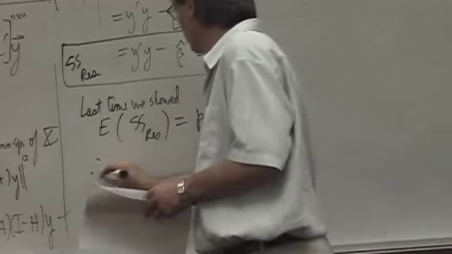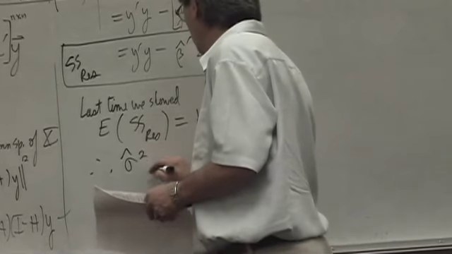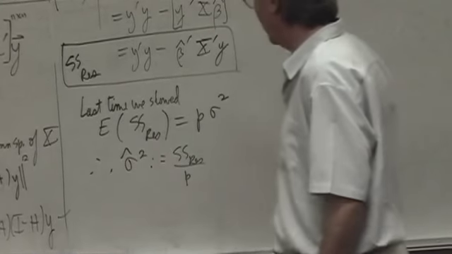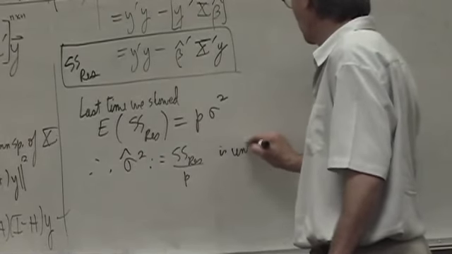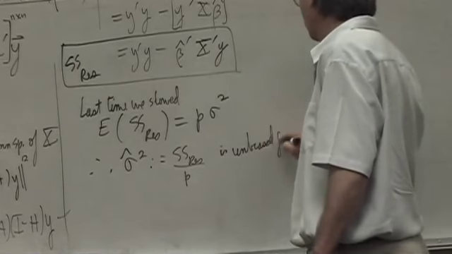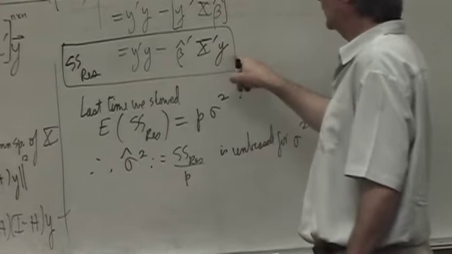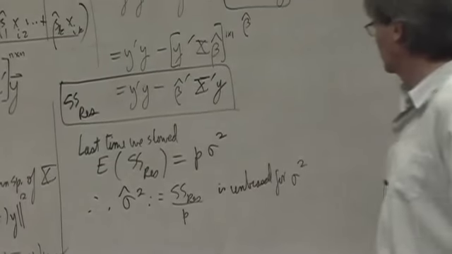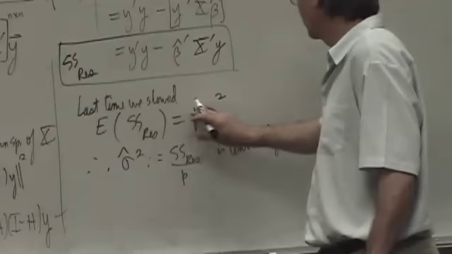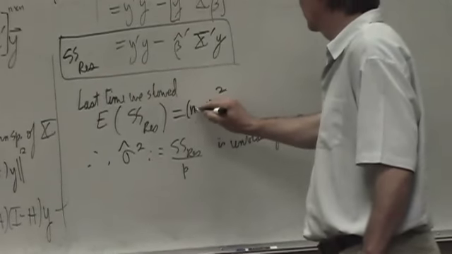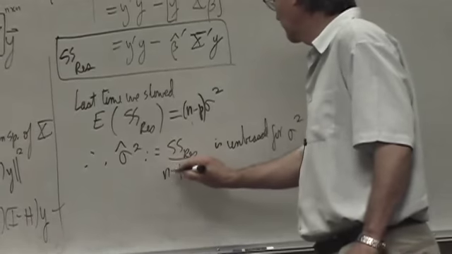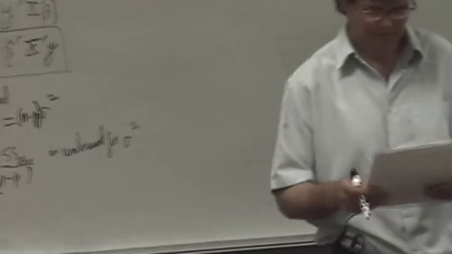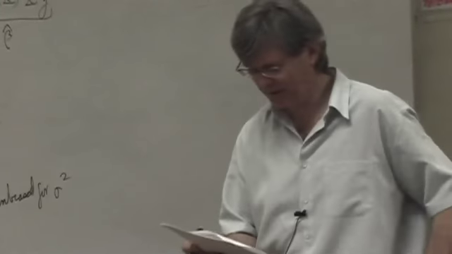Therefore, sigma hat squared equals SS res divided by n minus p, which is unbiased for sigma squared. I'm sorry, yes, n minus p. Don't confuse me now. You've got to keep track of the n minus p and the p.